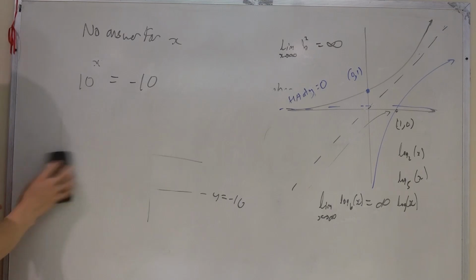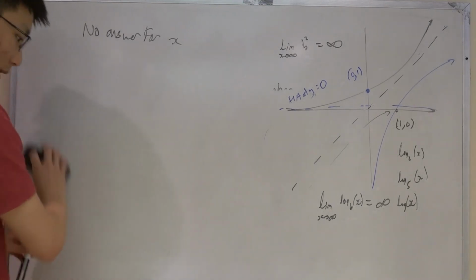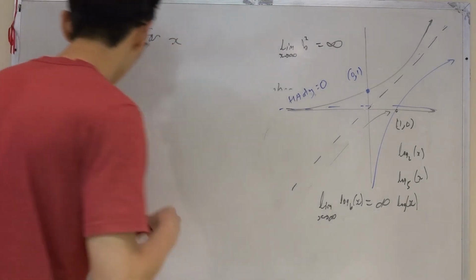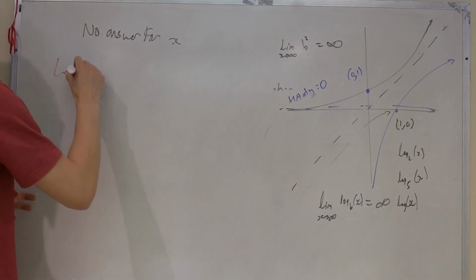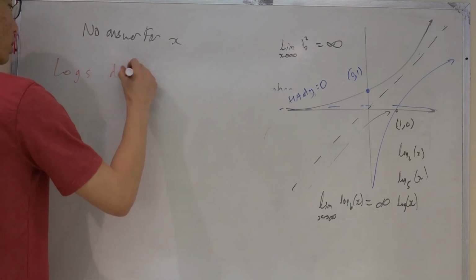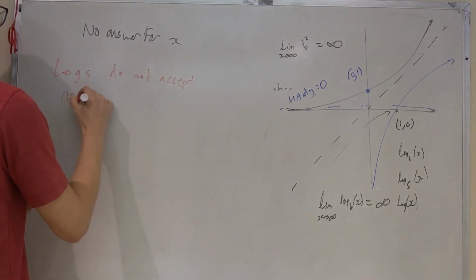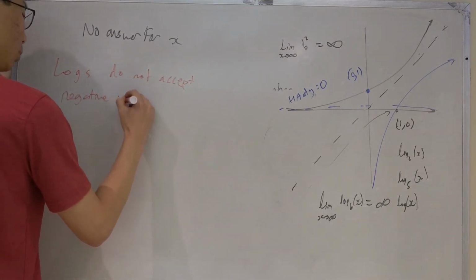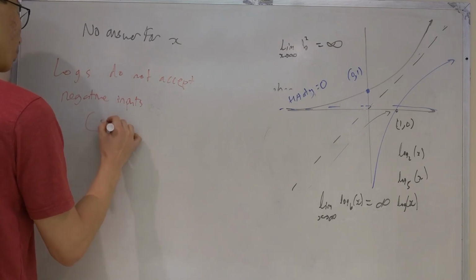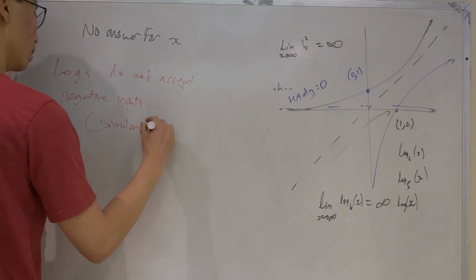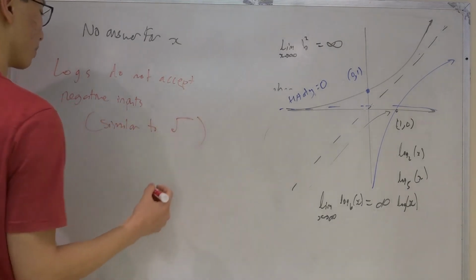That clearly tells us that logs do not accept negative inputs. So it's similar in that sense to the square root function.